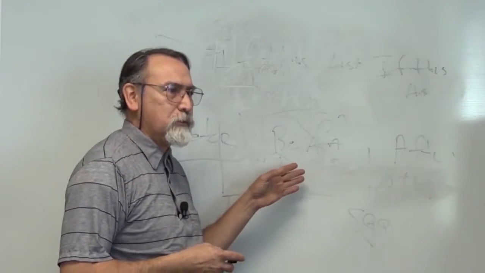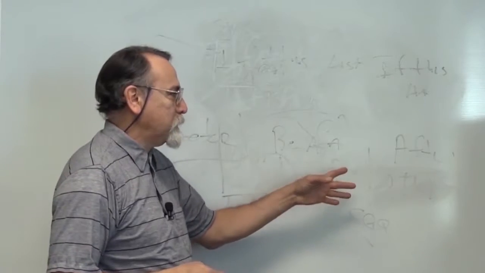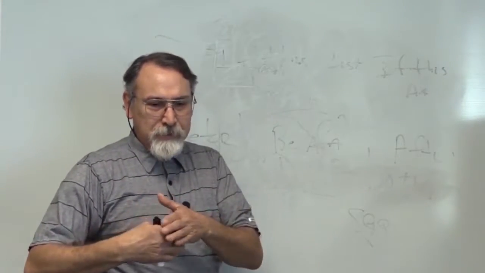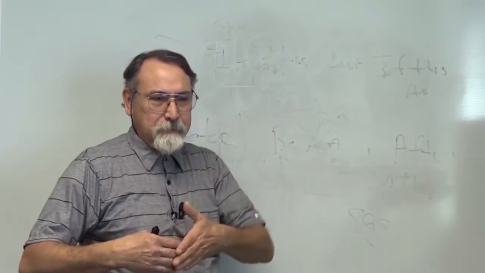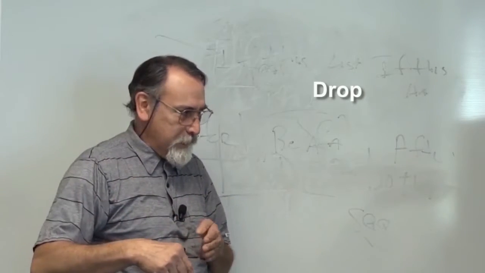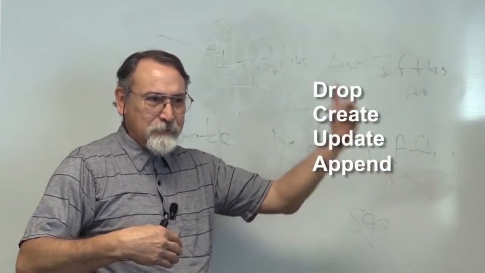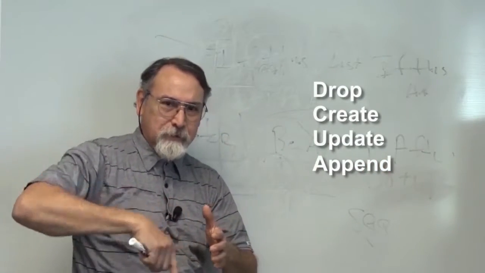You could also grant the process the ability to drop a table. Since this is acting on the database, not within the database, you can drop, you can create, you can update, you can append, because you're acting outside on the actual database.